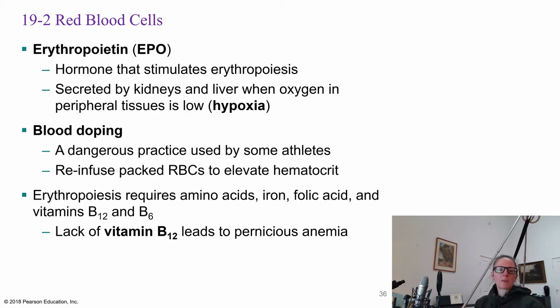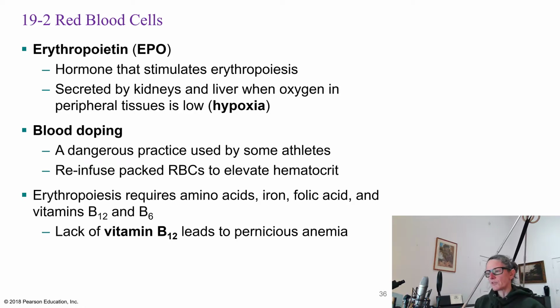Now, one of the things that happens is something called blood doping, and you've probably all heard of this. It's not a good idea at all, because it creates a lot more formed elements in blood suddenly. So that's going to increase the viscosity of blood as well.